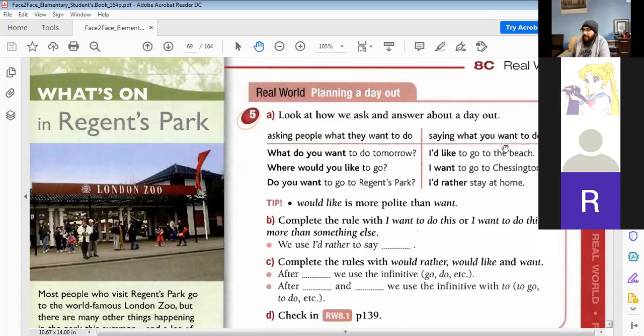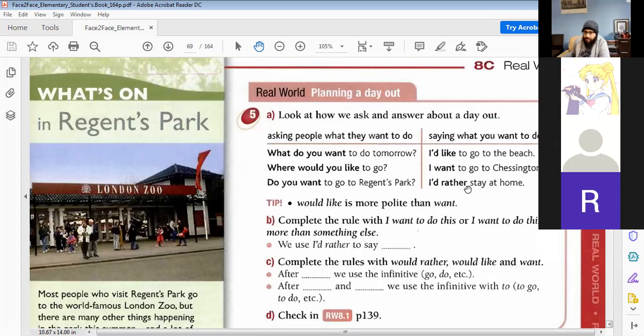And if you want to say what you want to do, you can use I'd like to go to a cafe. I'd like to go to a restaurant. I want to go to Chessington. I want to go to the zoo. I want to go to the beach. I'd rather stay at home. I'd rather go to the beach.